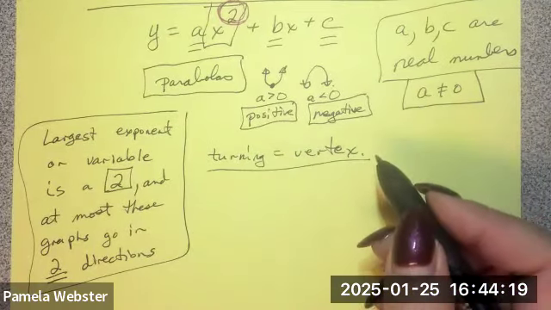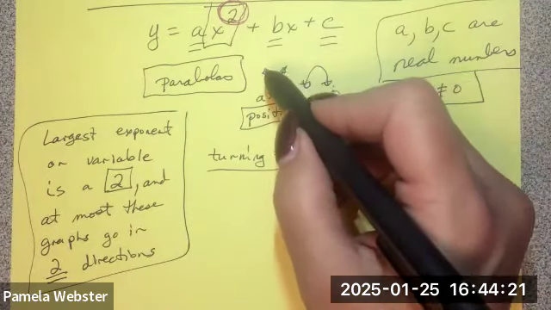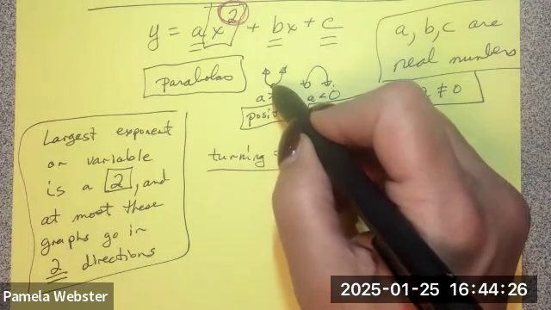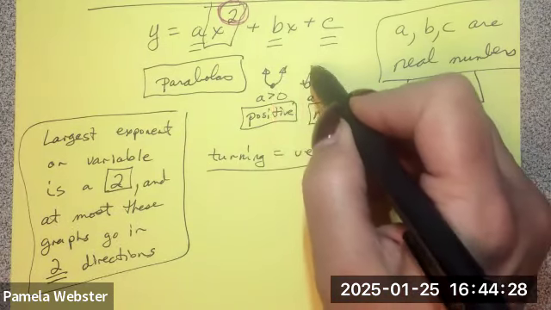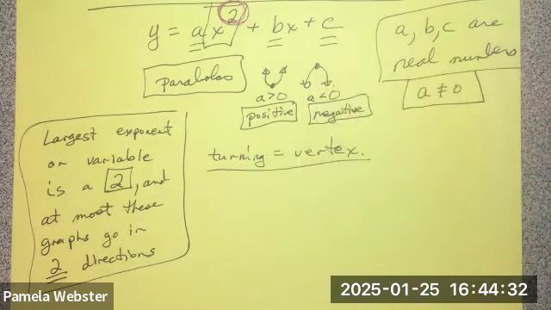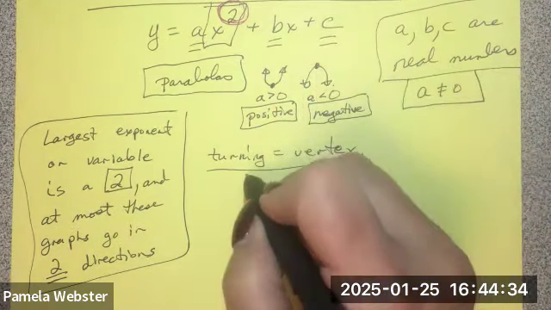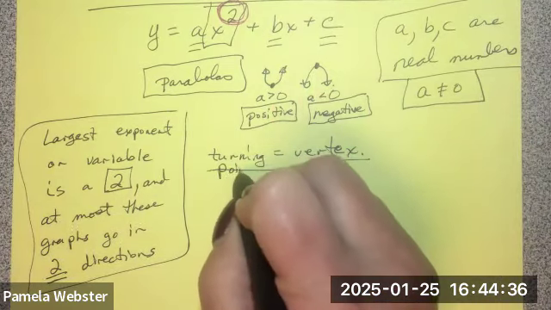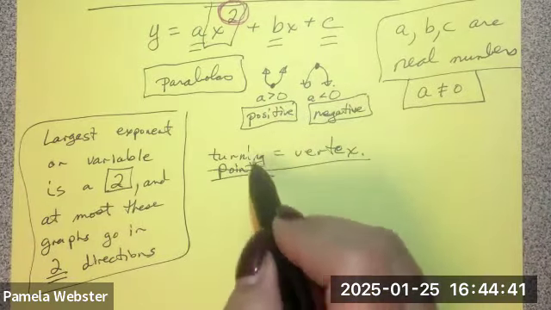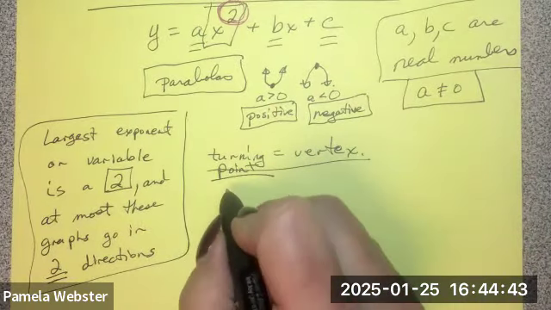In this case, because there are 2 directions, there's only one turning point. Sorry, I left out the word point. Turning point equals the vertex. Sorry about that.